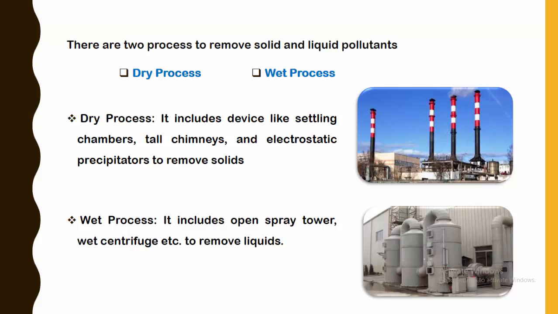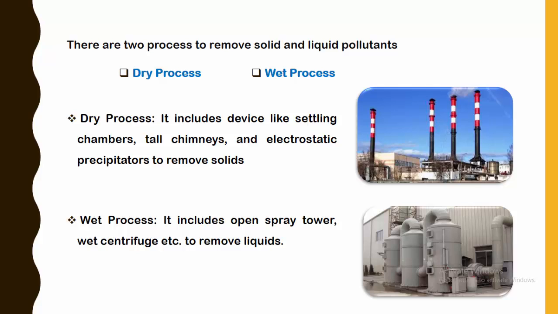Now in the picture, if you observe any industry, there are long tall chimneys. The polluted air and any waste from the production of the product are released through these tall chimneys.